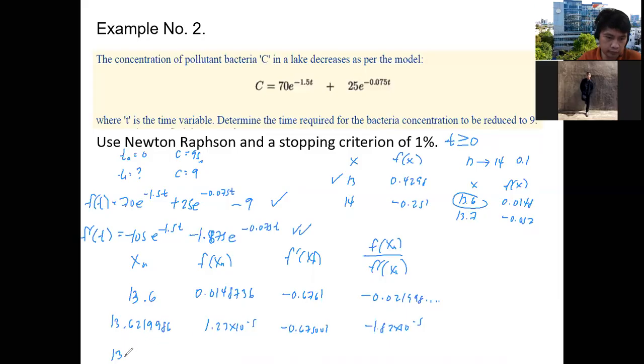This will give us 13.62201677. Okay. So to compute yung error, x new minus x old over x new, take the absolute value times 100, this will give us 0.000133%. Okay. So of course, the stopping criterion should be less than 1%, no? So this value is acceptable.